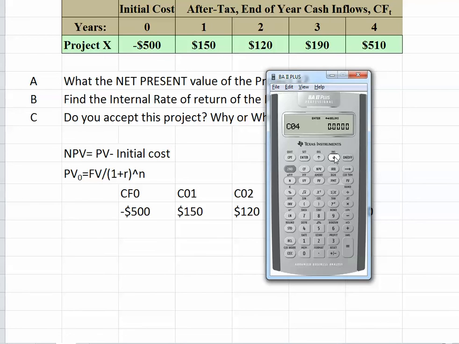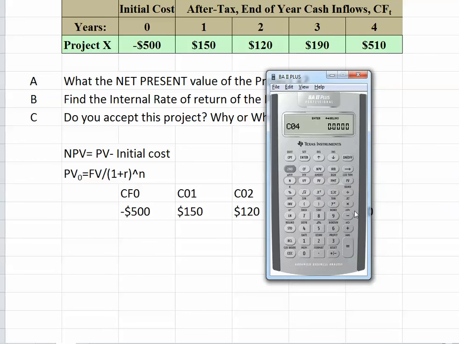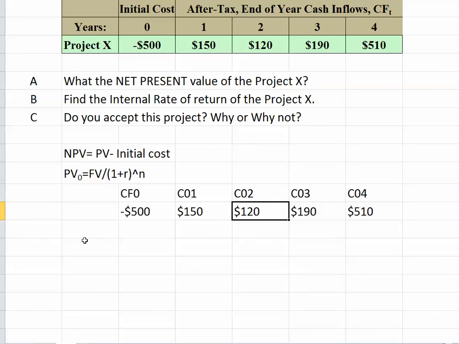Go down, go down. Cash flow number 4 here is 510. Enter. And it's one time. So once you finish entering your cash flow, then exit your cash flow worksheet. Okay. So step 1.